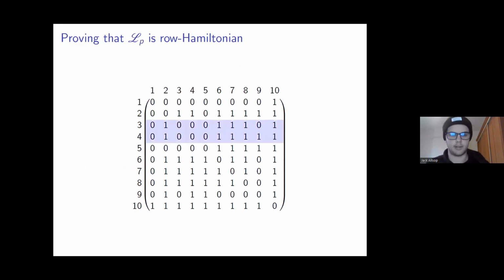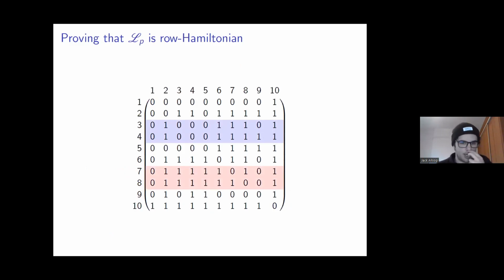So if you look at rows 3 and 4, and note that 3 and 4 are quadratic residues modulo 11, then these rows agree on all columns except for column 9. And this is true in general. Whenever you have consecutive quadratic residues, their rows in the matrix AP are going to agree on all columns except for 1.